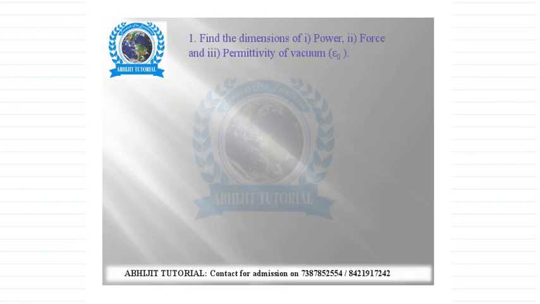The first application is to find the dimensions of various physical quantities, and we are starting with the first physical quantity, which is power. So we will find the dimensions of power. First of all, we must know the formula of power.